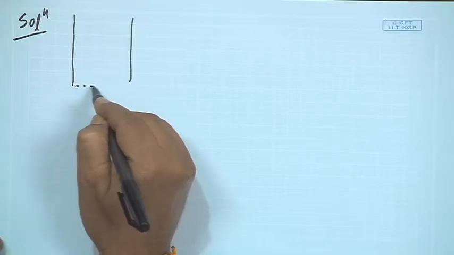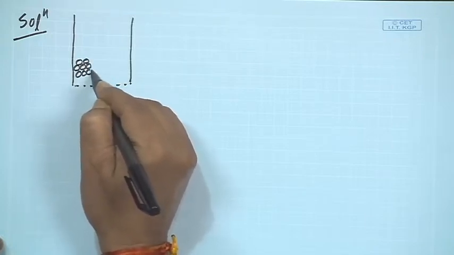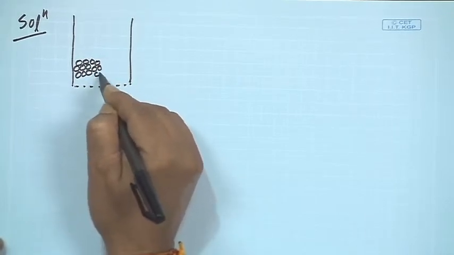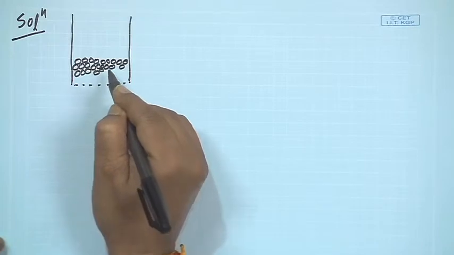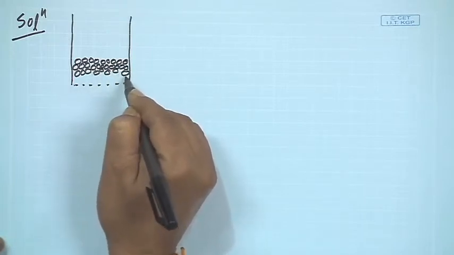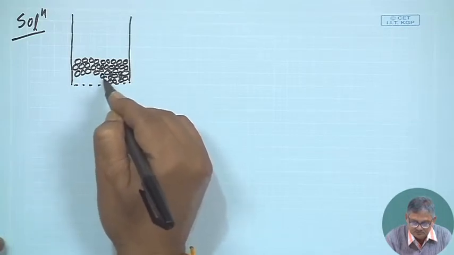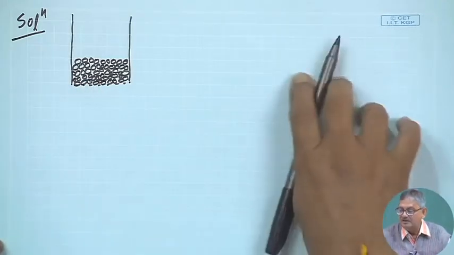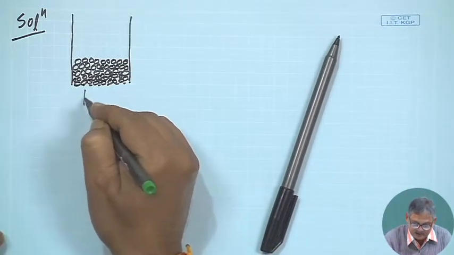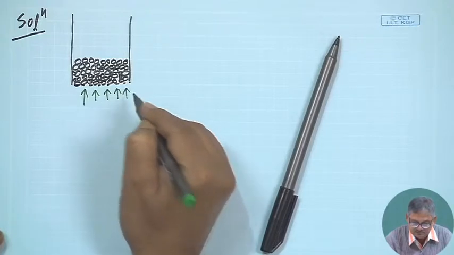So the bed is like this and there are some spherical materials like these, right, and air is passing through this, right.